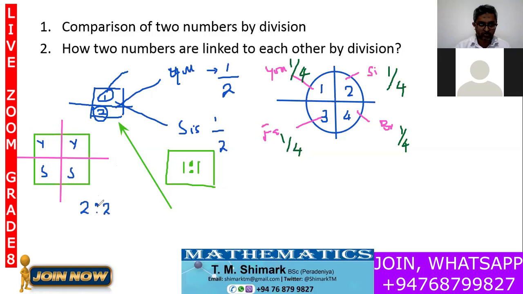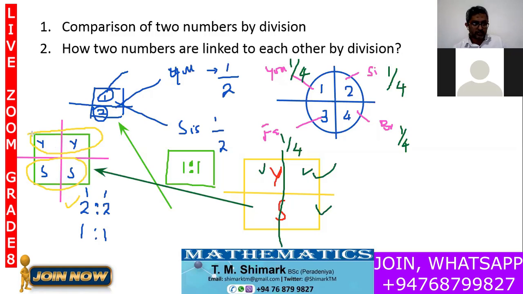Two parts you got, and two parts your sister got. In other words, it's the same thing. Half you got, half she got. So we can say 2:2 is 1:1 also.